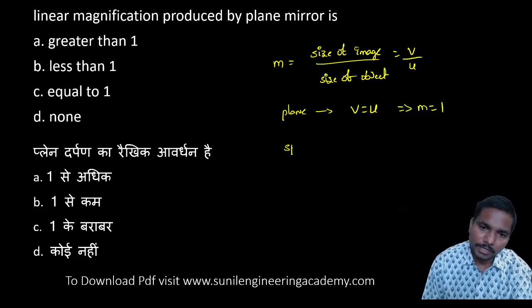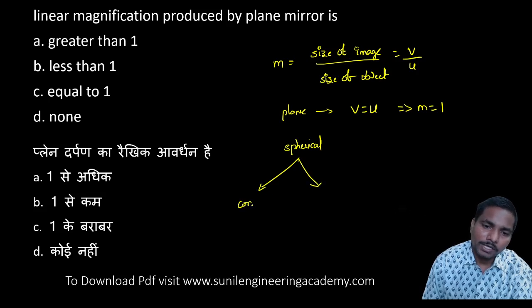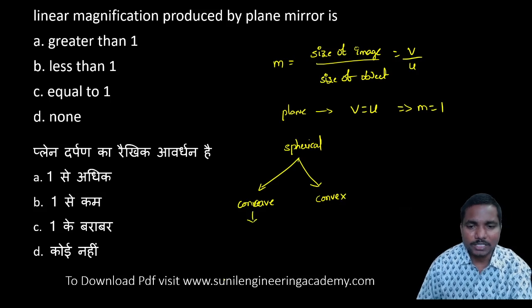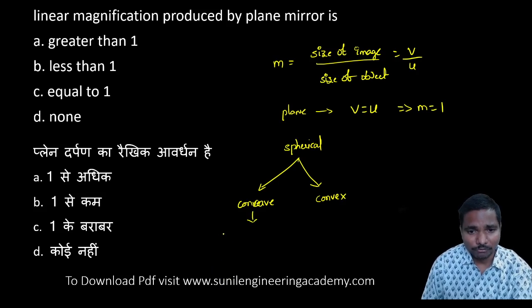In case of spherical mirror, we have two types. One is concave, one is convex. In case of concave, based upon the object position, there may be a chance of V less than U, V equal to U, V greater than U. All the three are possible.